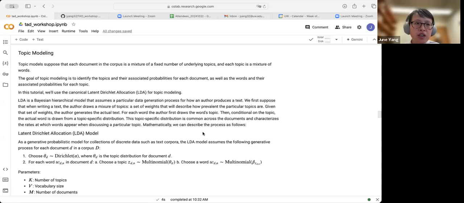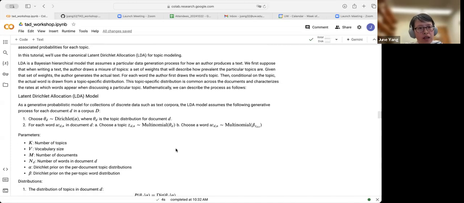There are many extensions built on LDA, and of course there are more recent advancements using, for example, neural network-based models for topic modeling. But LDA is really good to know about, and it's a good model to start with if you're ever thinking about building topic models.